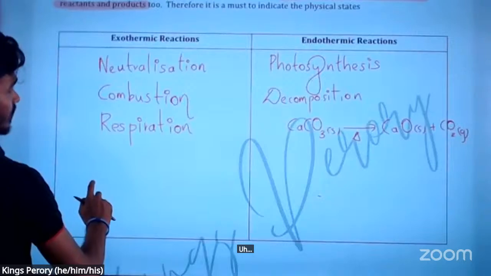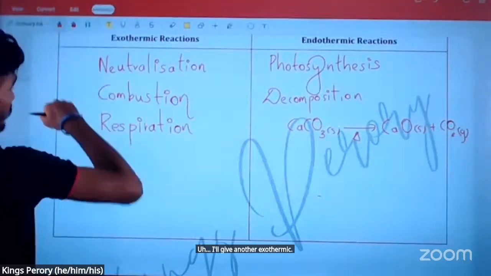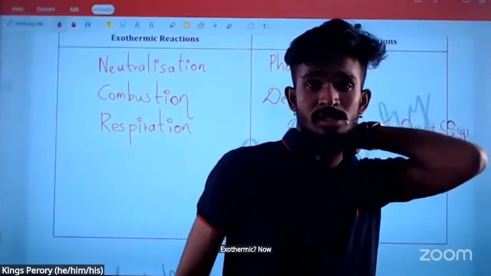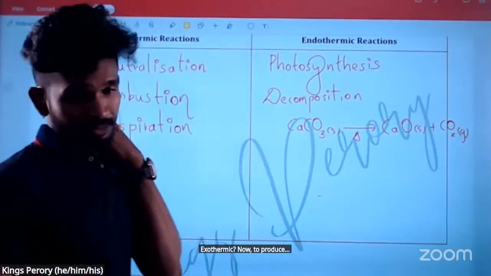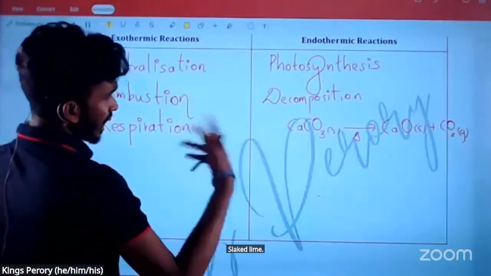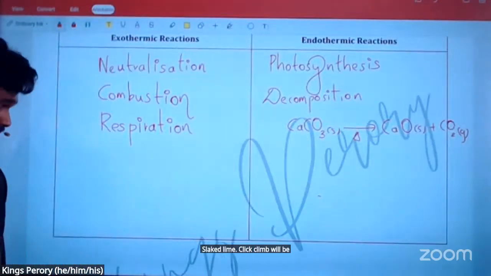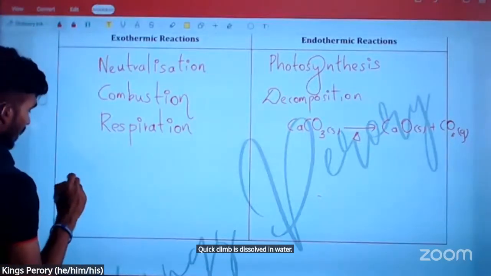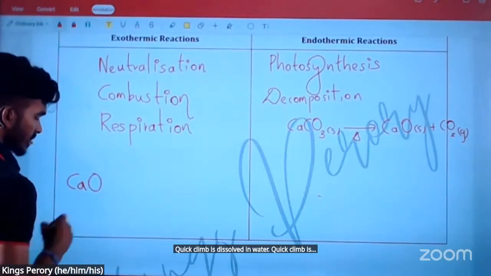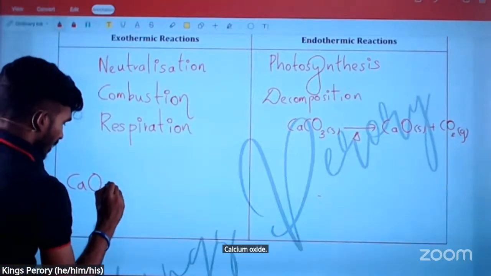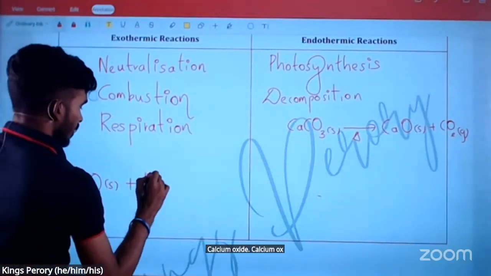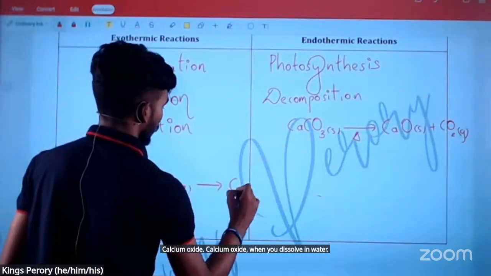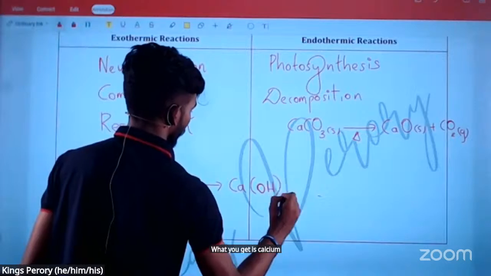I'll give another exothermic reaction. Now, to produce slaked lime, quicklime is dissolved in water. Quicklime is calcium oxide. When you dissolve calcium oxide in water, what you get is calcium hydroxide.